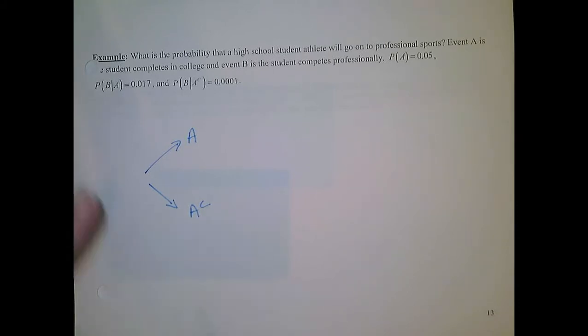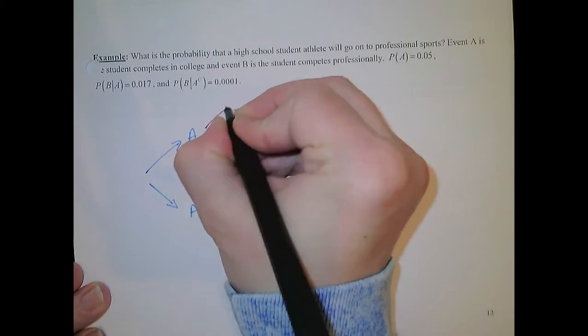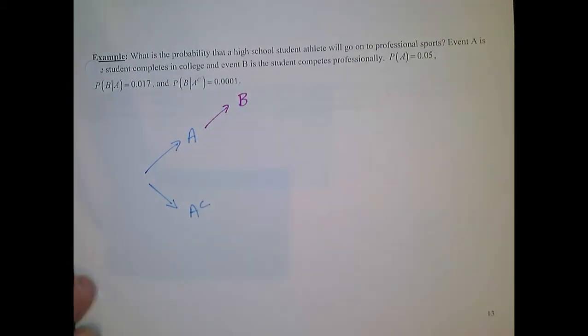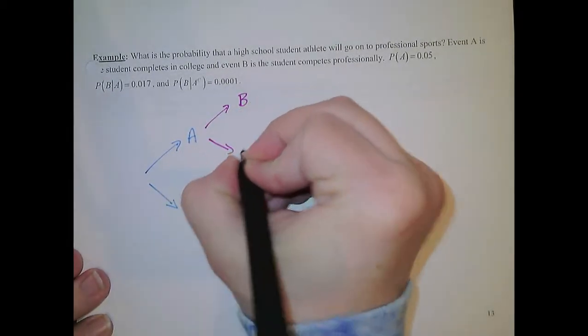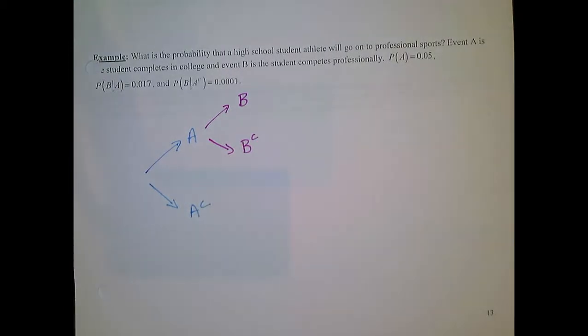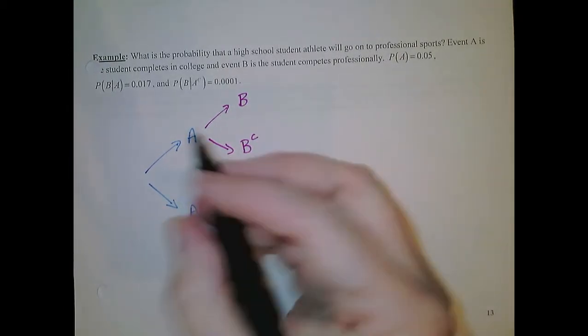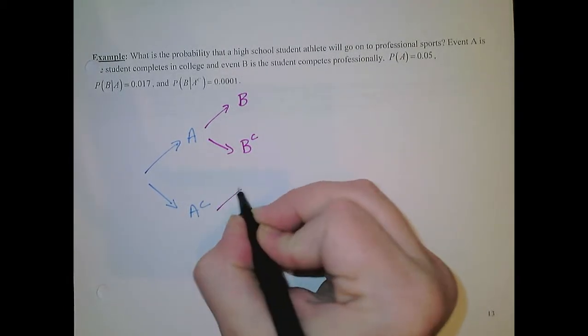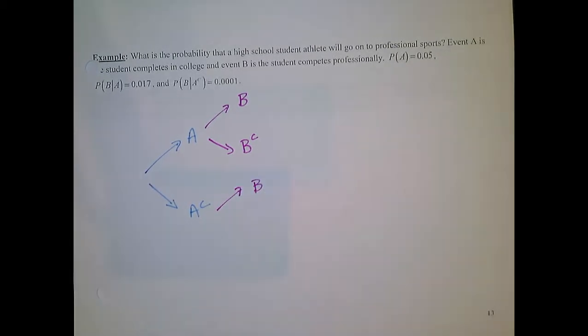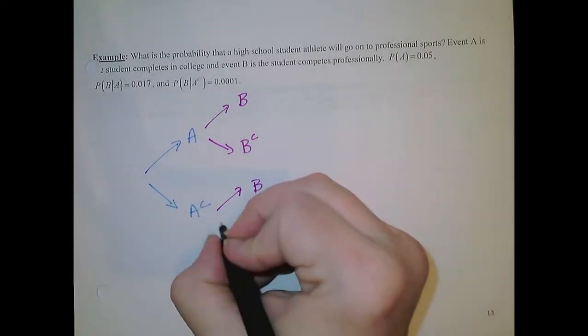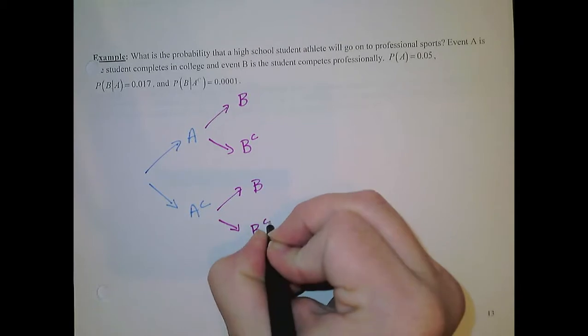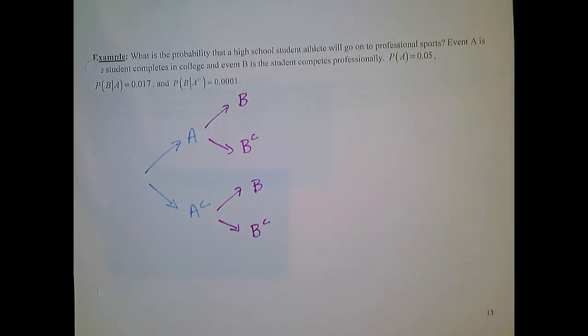If the student does play in college, then one of two things will happen afterwards. He'll either play professionally, event B, or he won't play professionally, B complement, not B. If he doesn't play in college, again, he could still play professionally, B, or he might not play professionally, B complement.